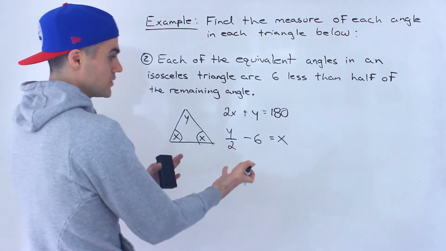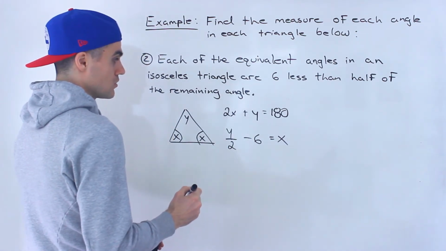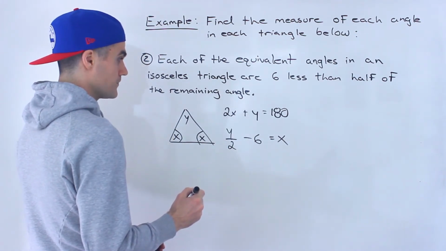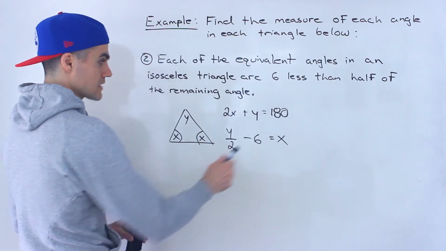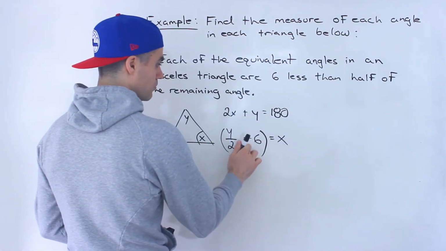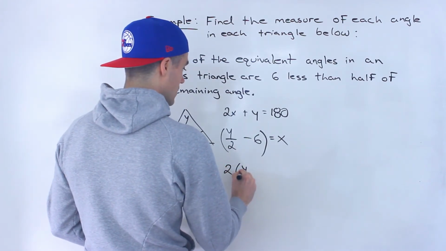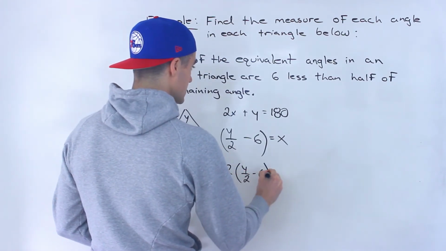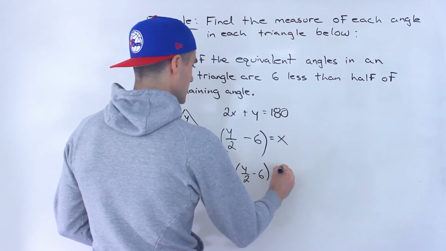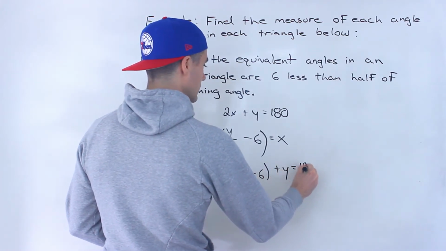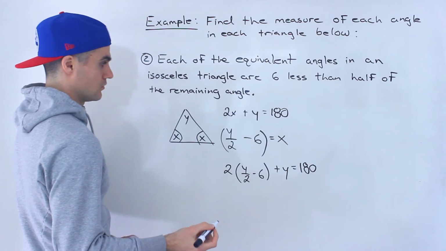Now we have two equations, two unknowns, so we can just solve for x and y. x is already isolated, so I'll plug this in for the x value. So we'll have 2 times y over 2 minus 6, plus y, is equal to 180.